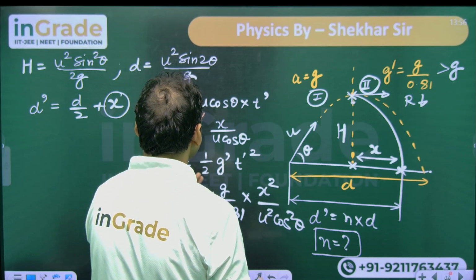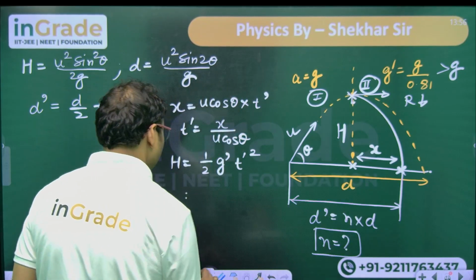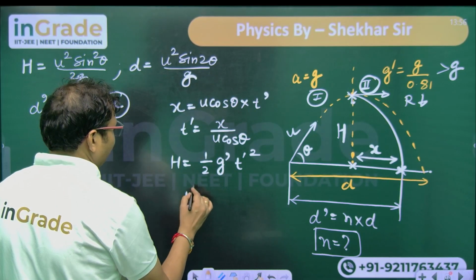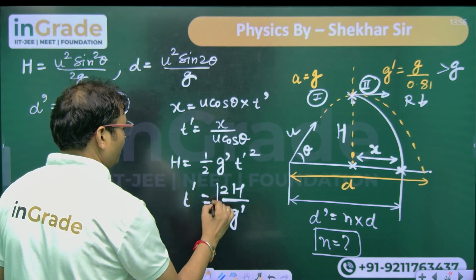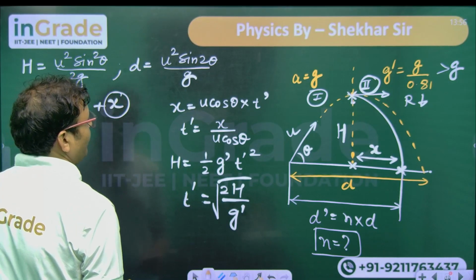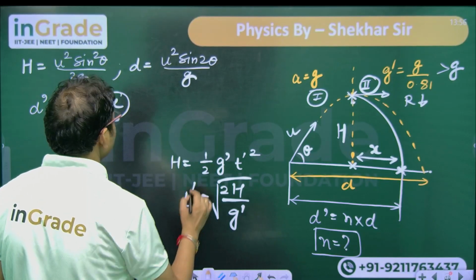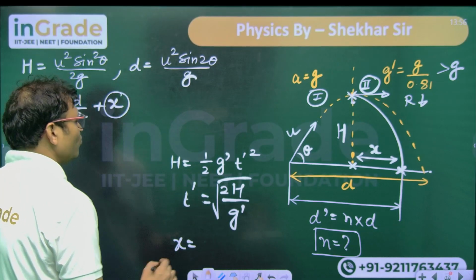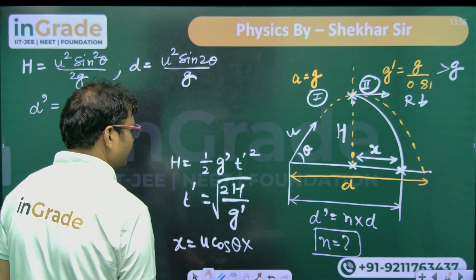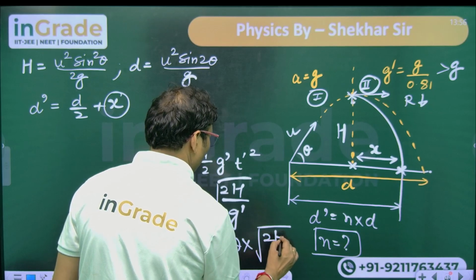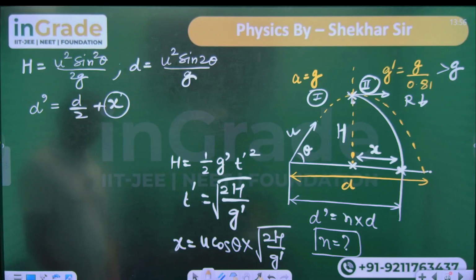What we could have done is, from here t dash is equal to under root of 2h by g dash. And we can write x as u cos theta into t dash, that is under root of 2h by g dash, isn't it?